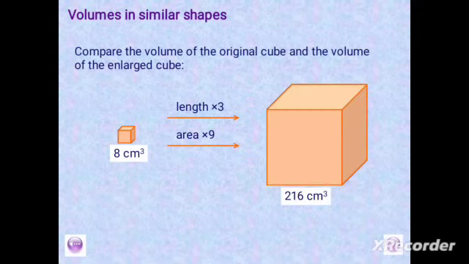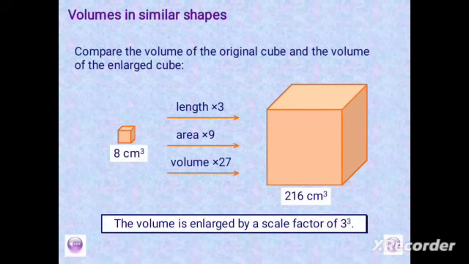The volume of the enlarged cube is now 216 cubic centimeters. That is after being enlarged by a scale factor of 27. So the volume is enlarged by a scale factor of 3 cubed.